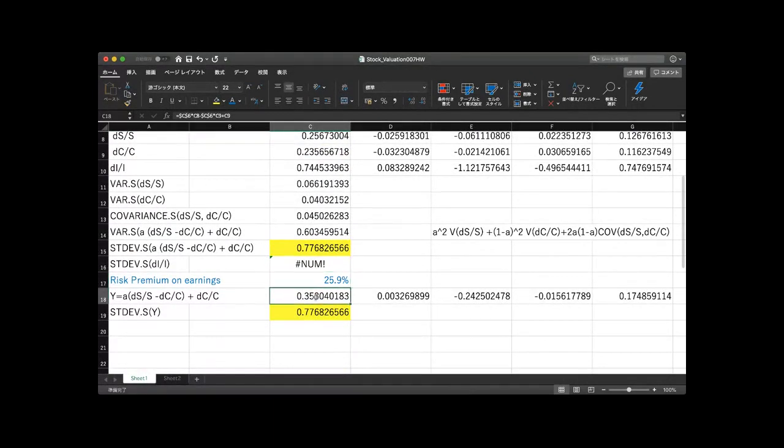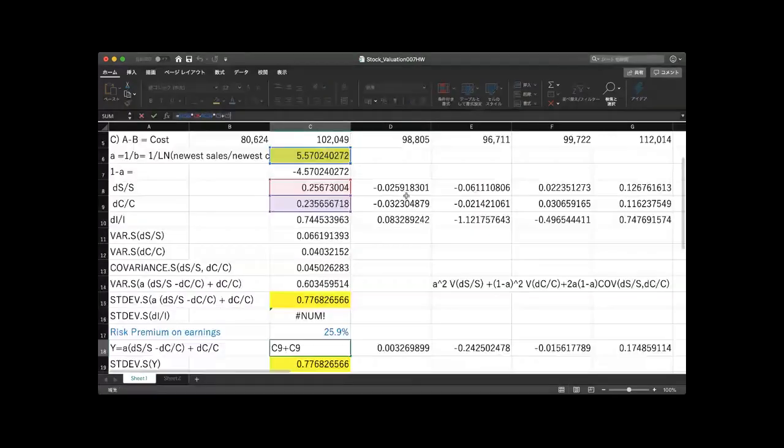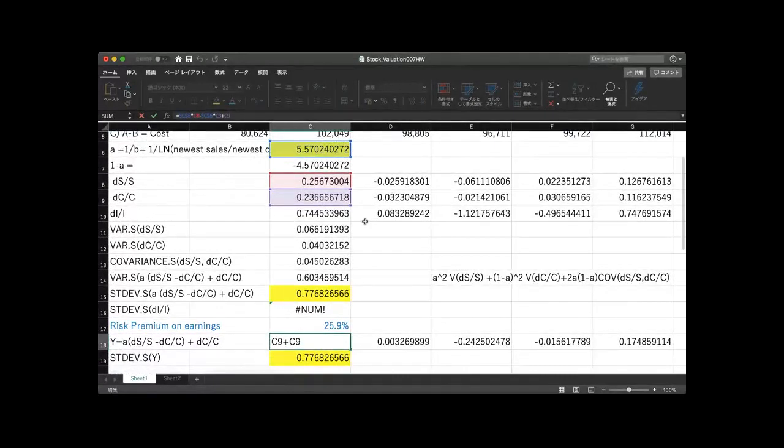And the second way to get the risk premium on earnings is to directly make A times ds over S minus dc over C, plus dc over C. And this time series is calculated here: A times ds over S minus A times dc over C plus dc over C, and so on.